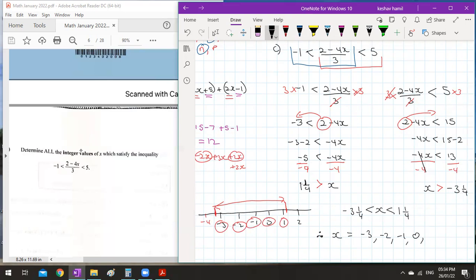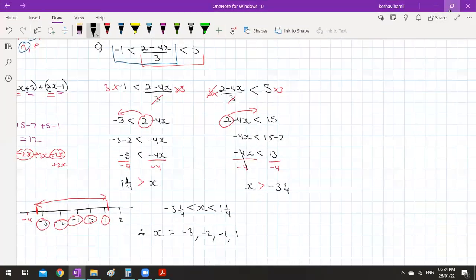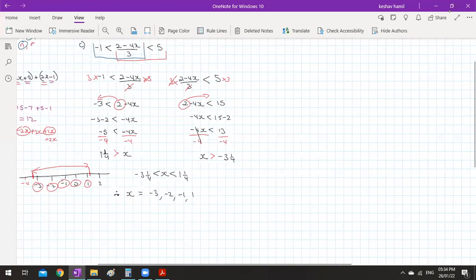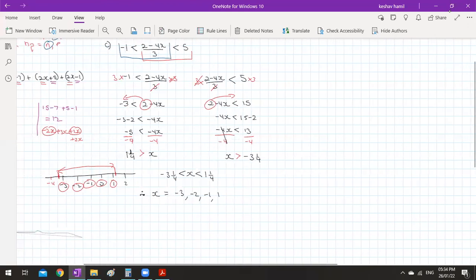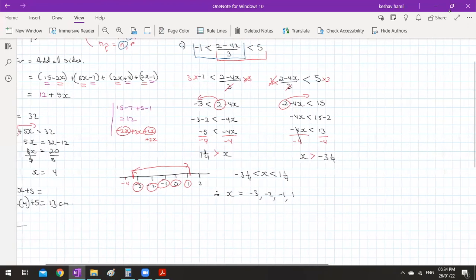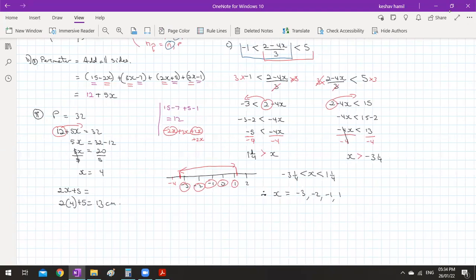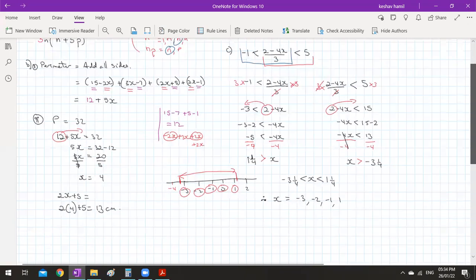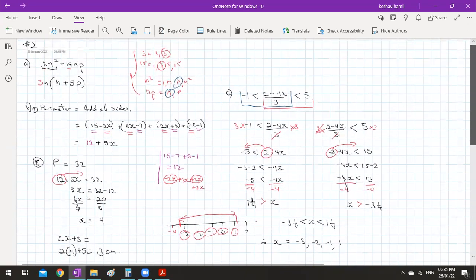So 0 is an integer, so it would be -3, -2, -1, 0, and 1. That's the full question there.